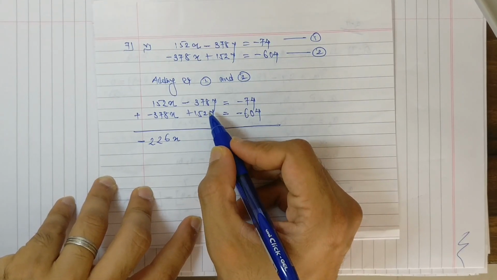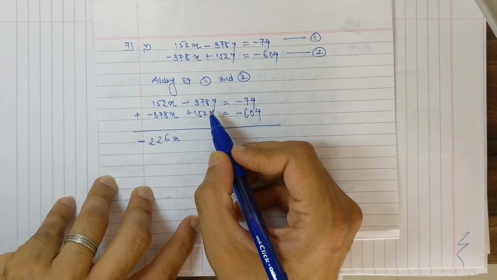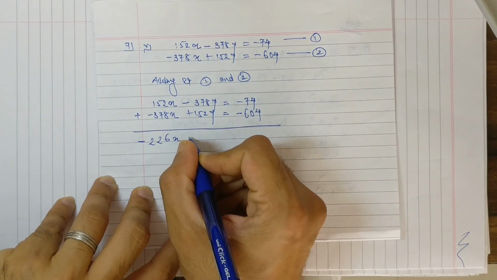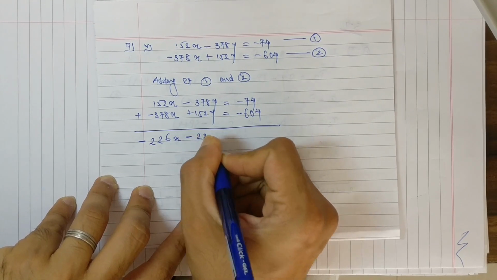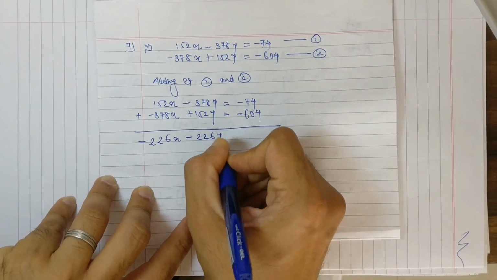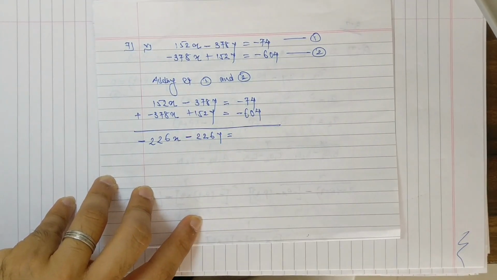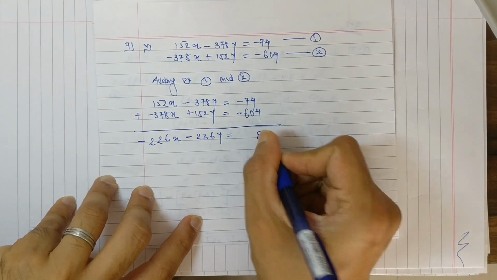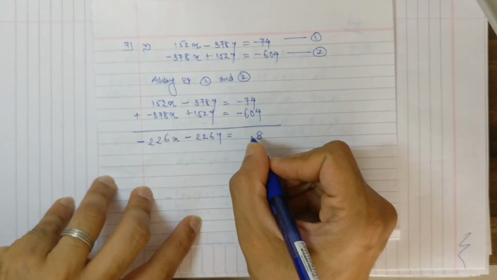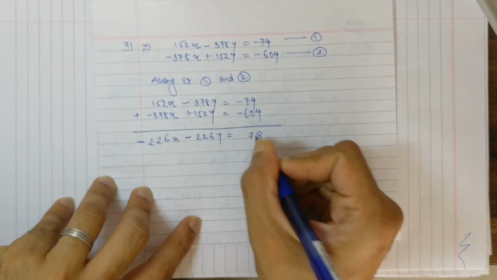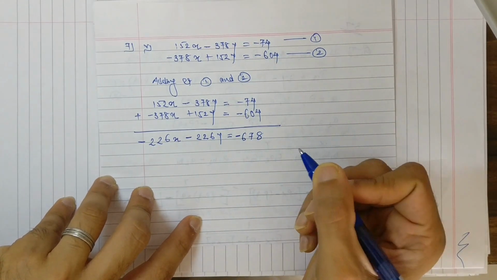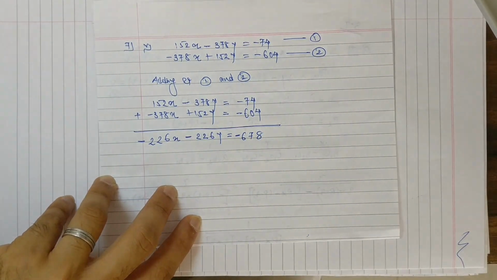Here also you will subtract. So this is again minus 378 plus 152, which is minus 226y, and here you are going to add. So this will become 4 plus 4, 8, 7 plus 0 is 7, and 6 will come as it is, minus 678.